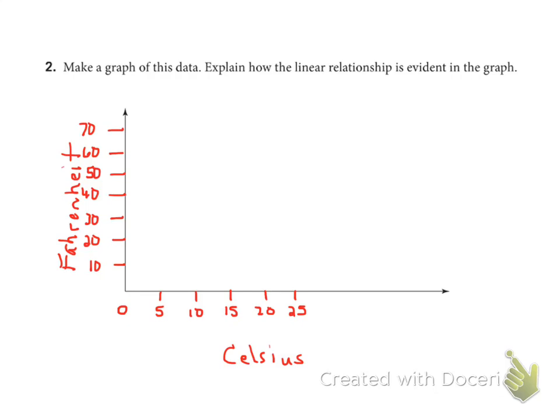Okay, so our first point is (0, 32). And (5, 41). (10, 50). (15, 59). And (20, 68). And then we can draw the line.